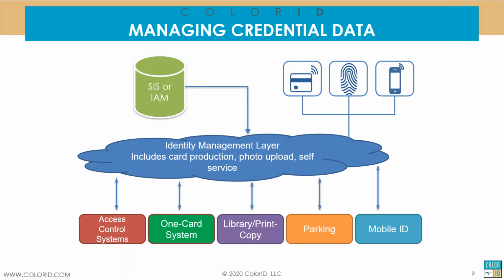And this would include card production, photo upload, self-service, mobile credential provisioning, whatever. But that ID data, number, name, just a few pieces of data, is being managed as its own process, and then that identity data is shared for consumption by all these different systems: access control, OneCard system, library print copy, parking, mobile ID, whatever.